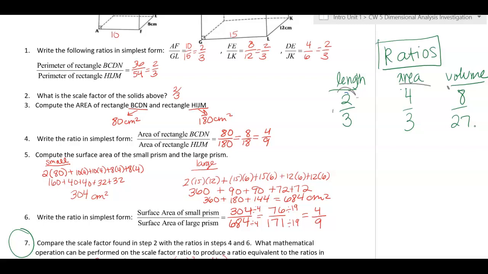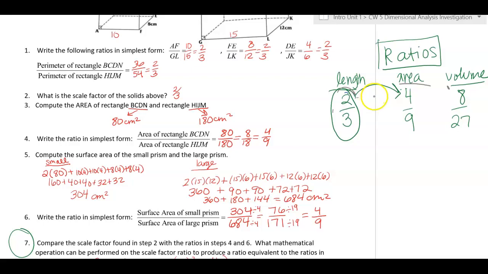Any comparison of the areas reduced to 4/9, even though I said it, I wrote 3. And the volume reduced to 8/27. So the questions in here asked you, they said, okay, they're not the same, but can you compare them? What can you do to this length ratio of 2/3 that would turn it into 4/9?